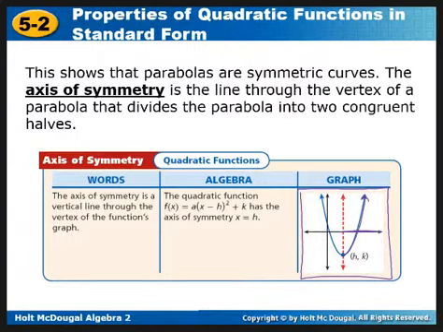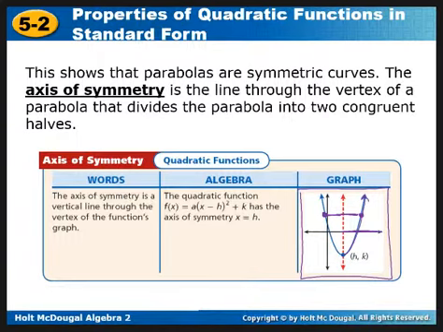And if I got a point, say, up here, I could just mirror that across to the other side of my parabola because they're symmetrical. The points would be the same distance away from the line that splits the parabola in half, or the same distance away from the axis of symmetry.